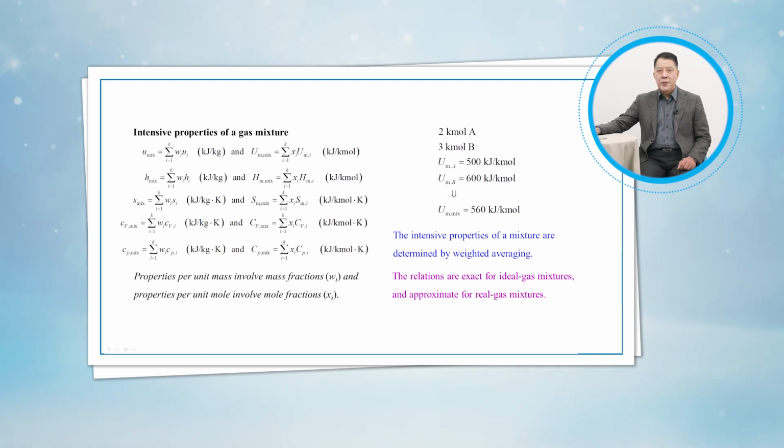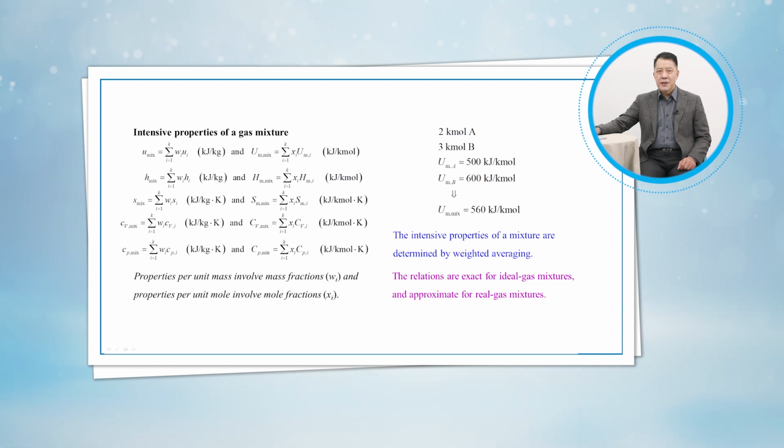Notice that we did not add the component temperatures to determine the mixture temperature. Instead, we used some kind of averaging scheme, a characteristic approach for determining the intensive properties of a mixture.